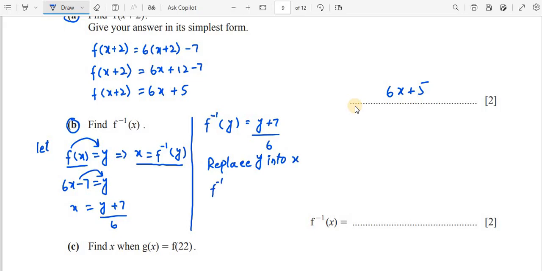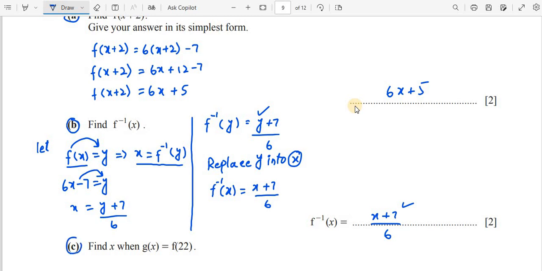So f inverse of y is replaced with x. So f inverse of x is equal to y, and y replaced with x. So x plus 7 over 6. This is the final answer. At the end, x plus 7 over 6.